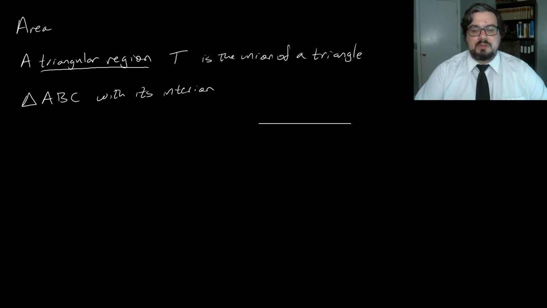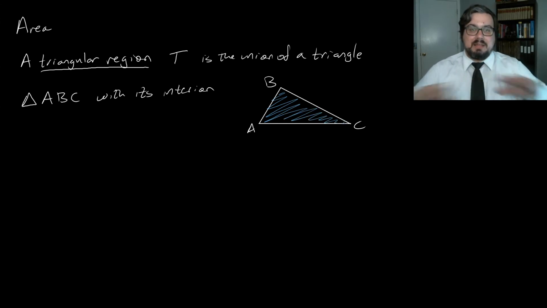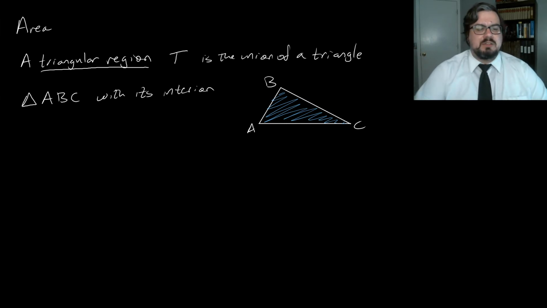So the picture that we have here is of a triangle ABC, and then we're also considering the interior of it. So all these things together making up this sort of two-dimensional region here is what we're going to call a triangular region.